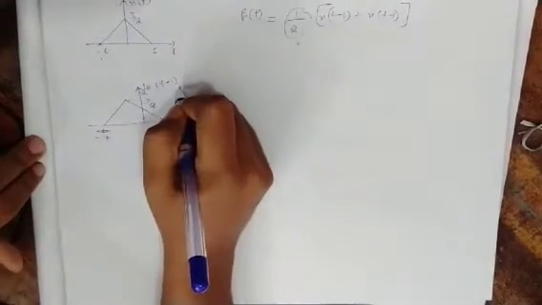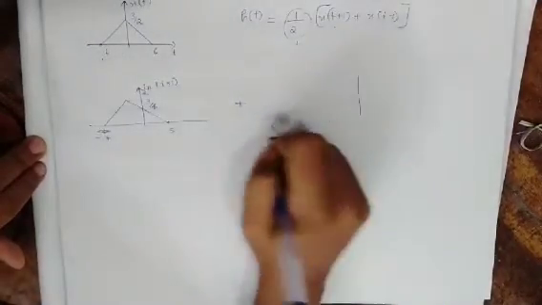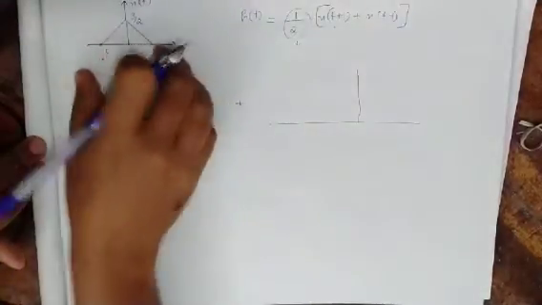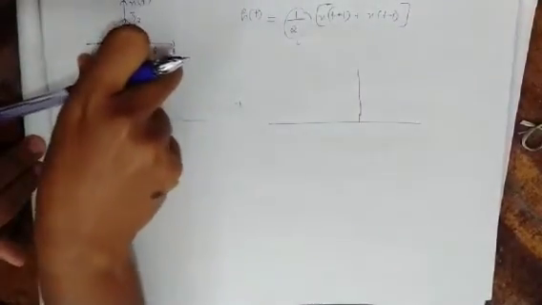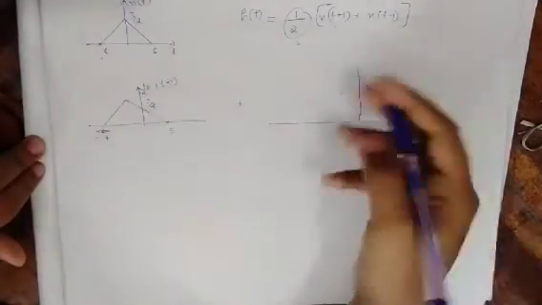This is our x of t plus 1 and it is added with the other one, x of t minus 1. That is, our x of t is going to be shifted to the right hand side by 1 unit, okay.